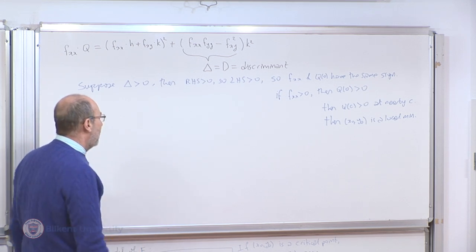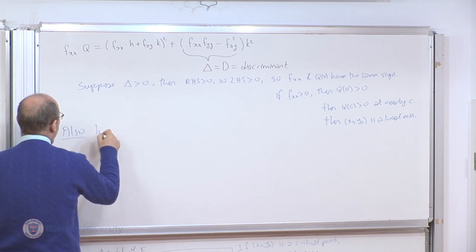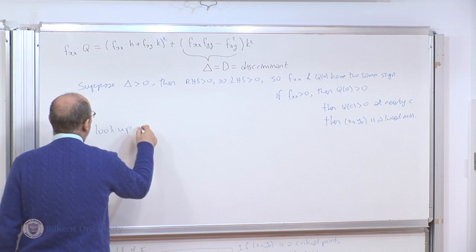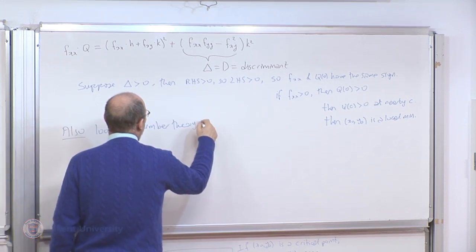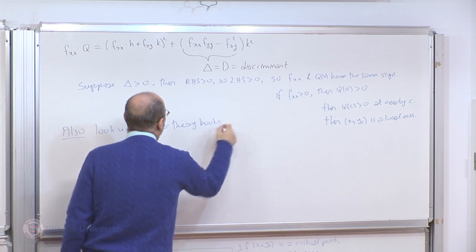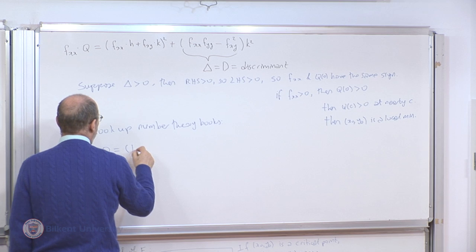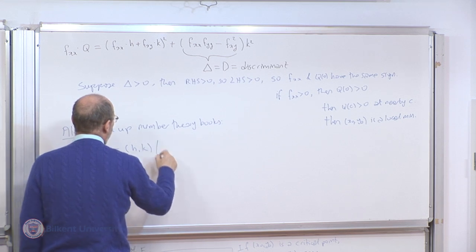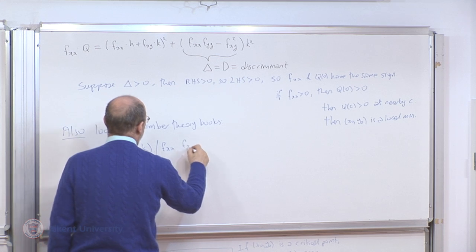But just for cultural information, also look up number theory books. In number theory books, you will see that this Q is going to be written like this in matrix notation. Here I have f_xx, f_xy.